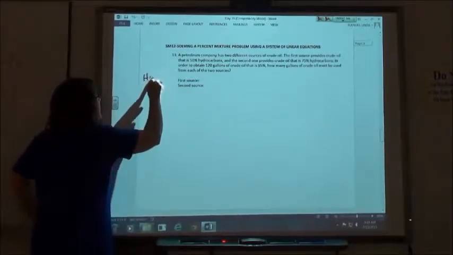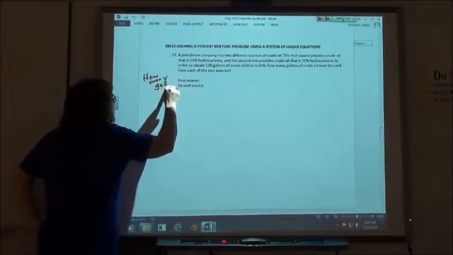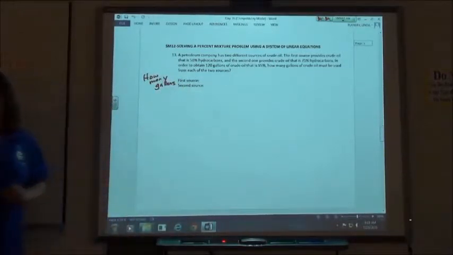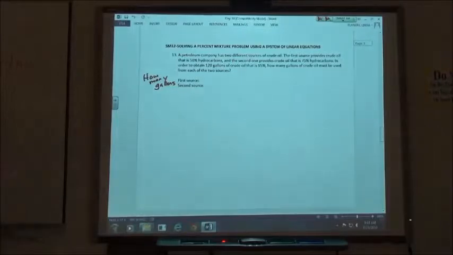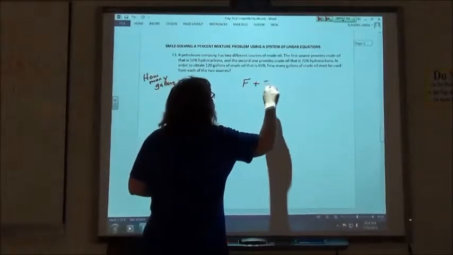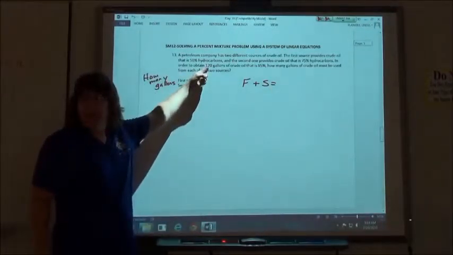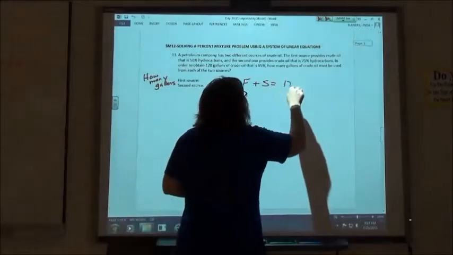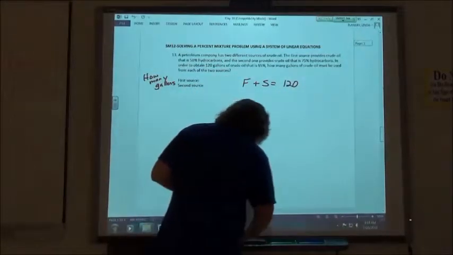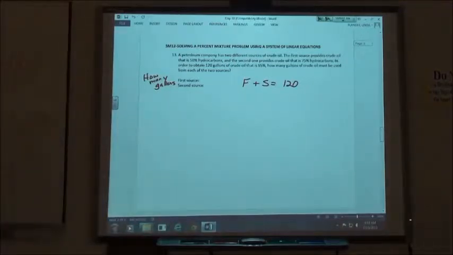So same kind of thing here. If I take the number of gallons from the first source plus the number of gallons from the second source, I had 120 gallons, right? My second equation is coming from the percent.